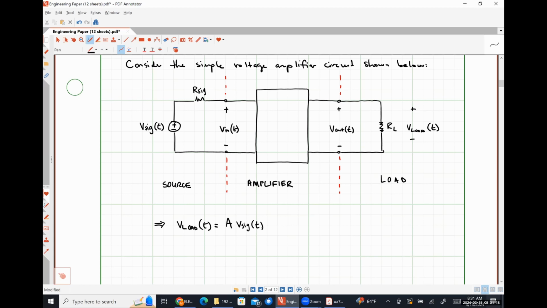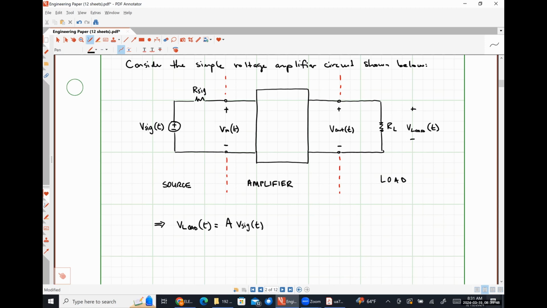So now what I want us to do is figure out how the amplifier has to work in order to make that happen. We're going to do this by using a Thevenin equivalent circuit, where we look into the input terminals of the network, figure out what we see, and then look into the output terminals of the network and figure out what we see.